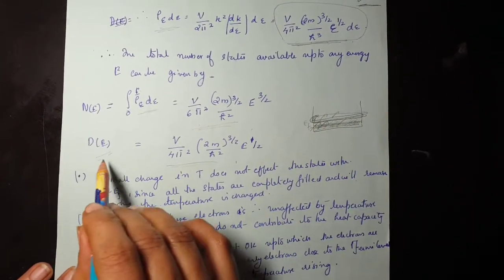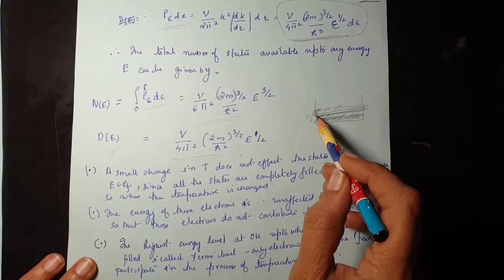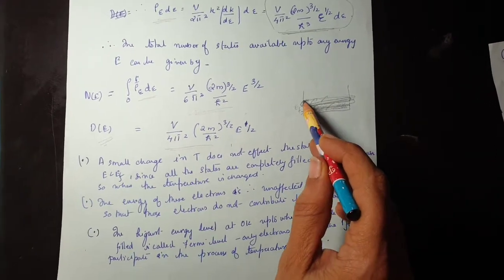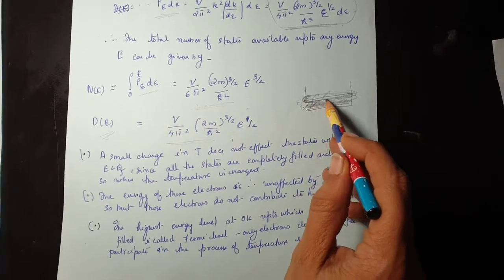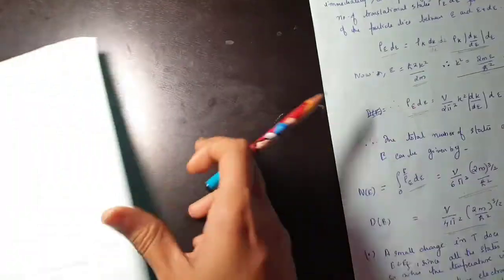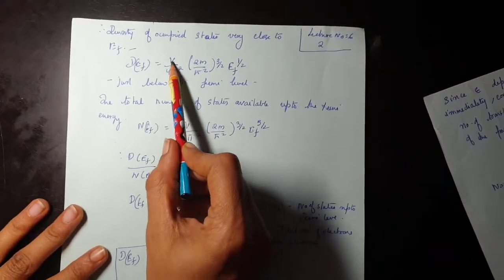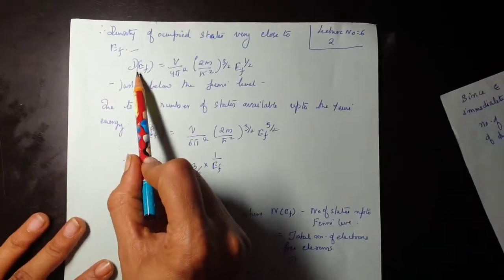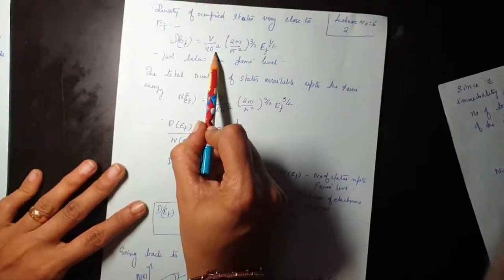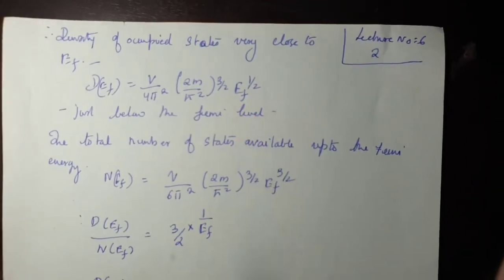So I am going to write the density of occupied states very close to E_F, and that is given by, using a subscript, D(E_F) is equal to 4V by 4π² (2m by ħ²) whole raised to 3 by 2, E^(1/2).